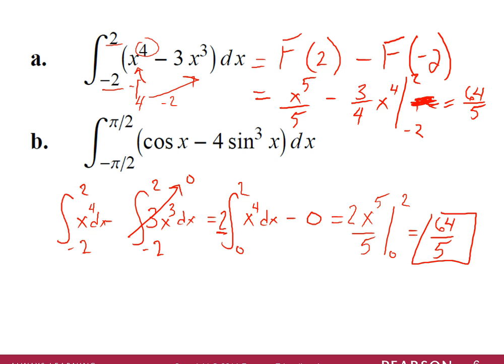So let's use that same rationale and let's look at the second one here. Even though this function, cosine x minus 4 sine cubed of x, is not necessarily even or odd, we can split it up to say that it is the integral from -pi/2 to pi/2 of cosine of x minus the integral from -pi/2 to pi/2 of 4 sine cubed of x.